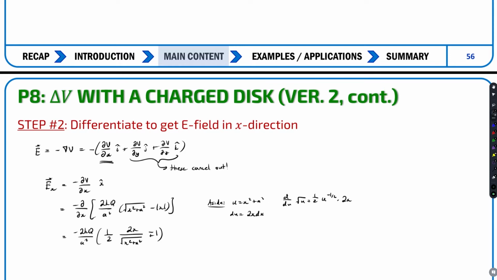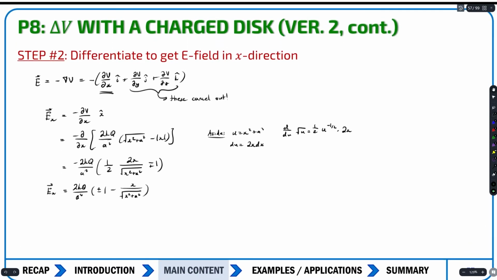So this means we end up with 2kq over a squared, and this is Ex. We have plus or minus 1 minus x over the square root of x squared plus a squared.